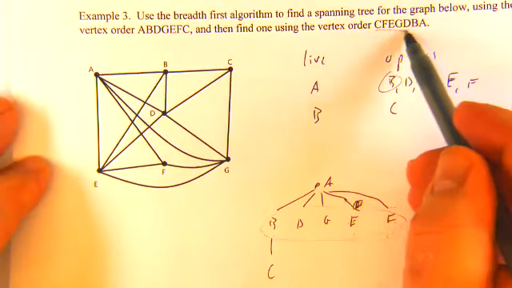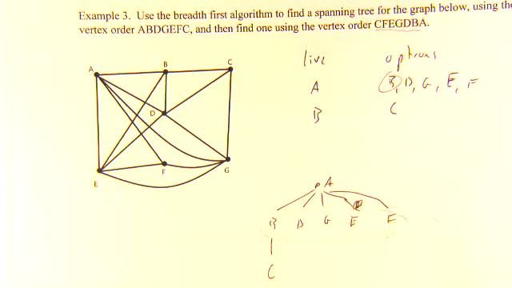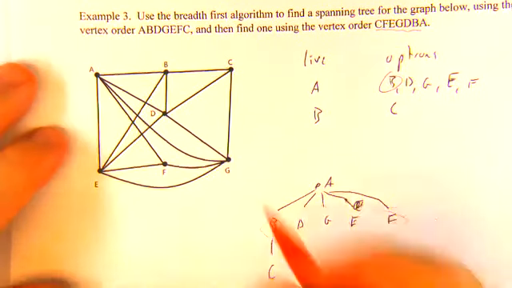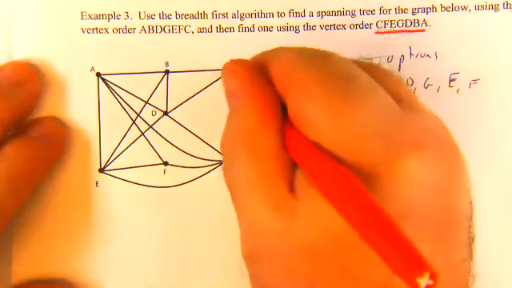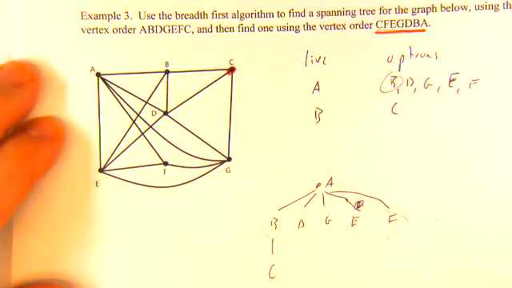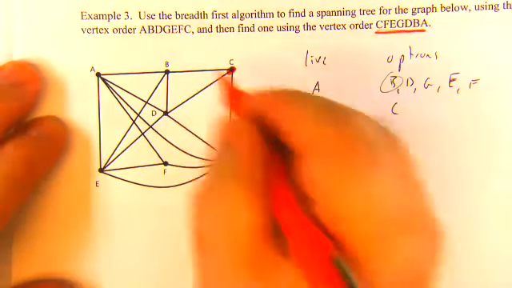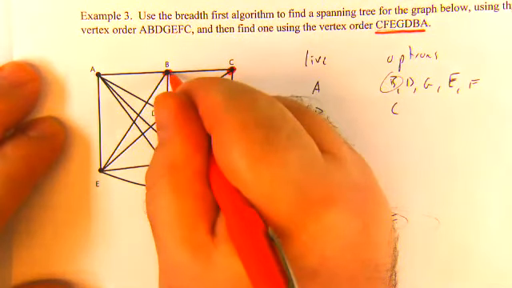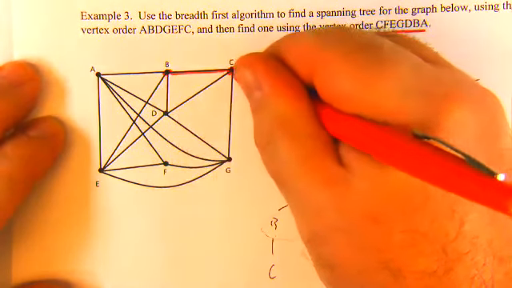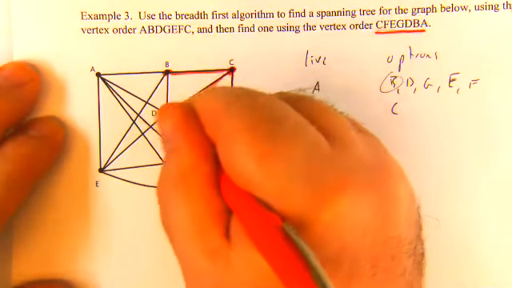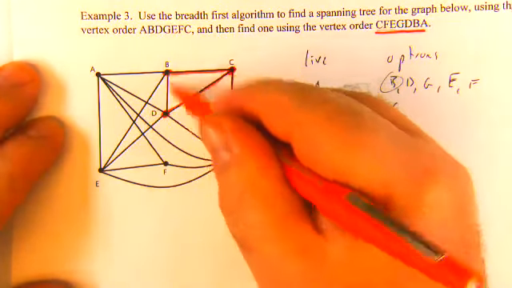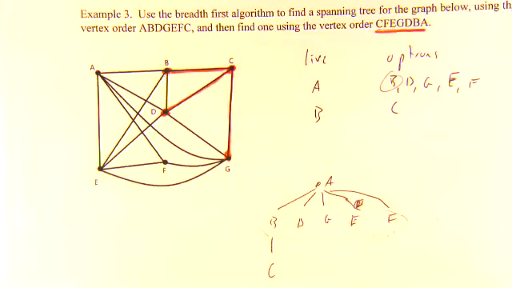If you start with this order and we do that, I'll just color this one in red. It says start at C. What do we do with the breadth first algorithm? We color in and connect all the vertices connected to C. So now I've got B, D, and G as 3 possible places to choose as my next live one.